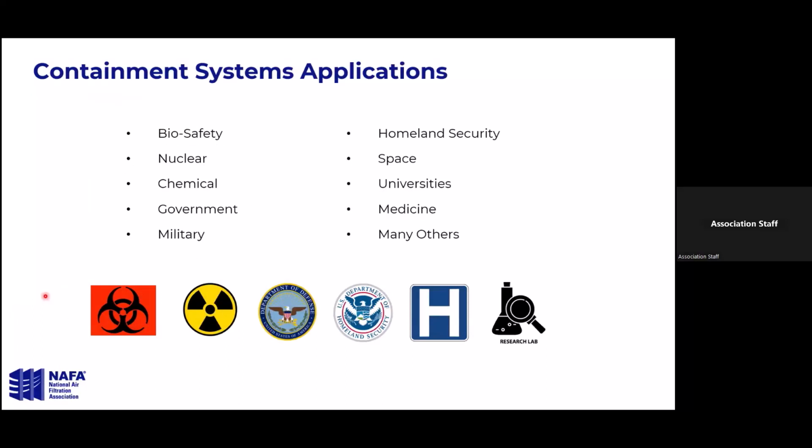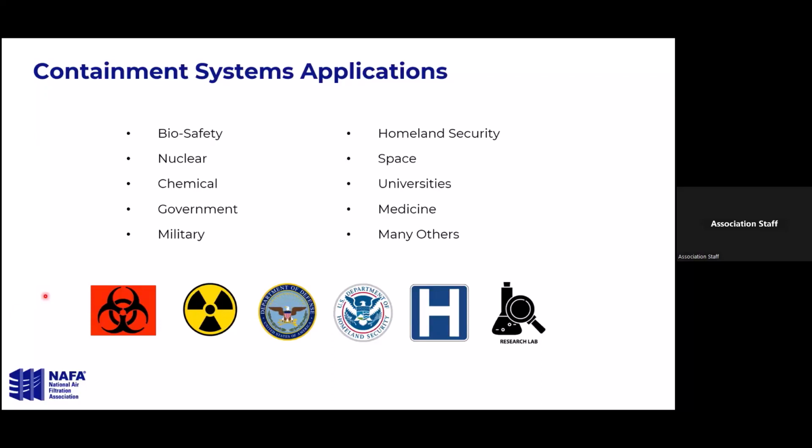So some of the containment system applications are places where you'll see containment systems in use. You're going to have biosafety, the nuclear industry, whether that be the Department of Energy or nuclear power, chemical plants, government facilities, the military, so Department of Defense, Homeland Security.